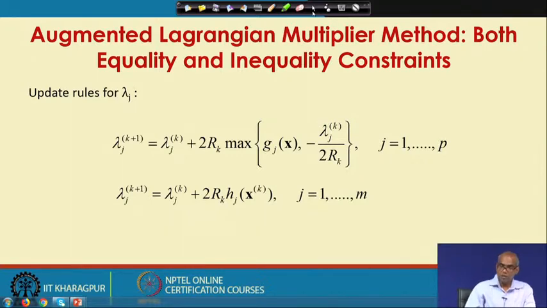So, what we saw is the augmented Lagrangian function for problems with only equality constraints, problems with only inequality constraints and problems where both equality and inequality constraints are present.